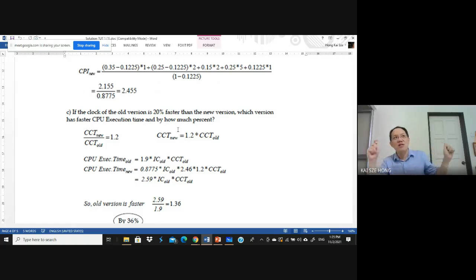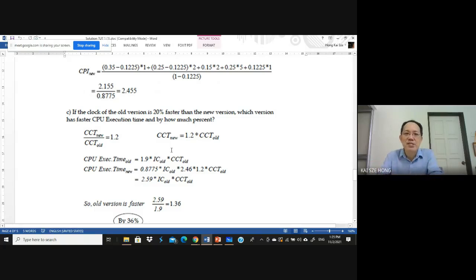You design a sophisticated one, so when you do the place and route from one transistor to another, because the estate is larger, you have to do the routing longer. When your wire becomes longer, the electric signal moving from one place to another also takes longer, so clock cycle time will be higher. That means from 2 gigahertz, you have to drop to 1.5 gigahertz if you design a more sophisticated one. So this is the problem.